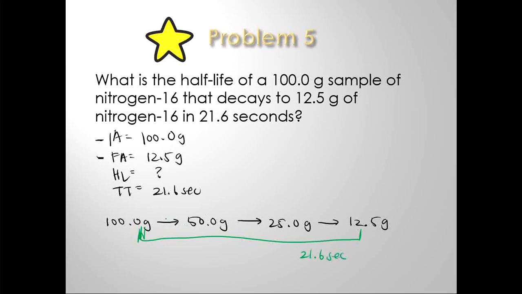And again, how many times did it go through the half-life? 1, 2, 3. So how do we figure out just one half-life? Just one of these? If you said divide by 3, you are correct. You divide by 3, you get 7.2 seconds as your final answer. That right there is the half-life.